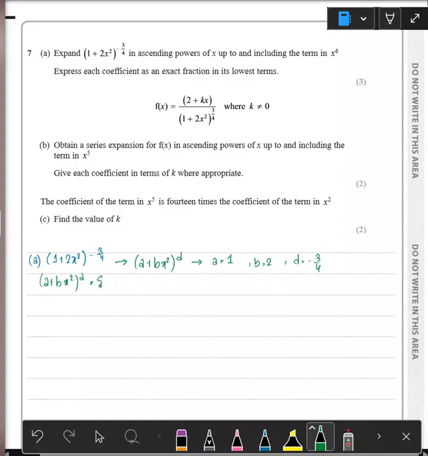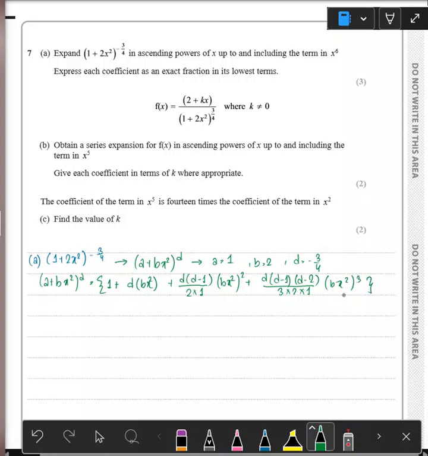So the expansion would be: first the 1, then d multiplied by bx, plus d(d − 1) divided by 2 factorial multiplied by (bx)², plus d(d − 1)(d − 2) divided by 3 multiplied by 2 multiplied by 1, multiplied by (bx)³.